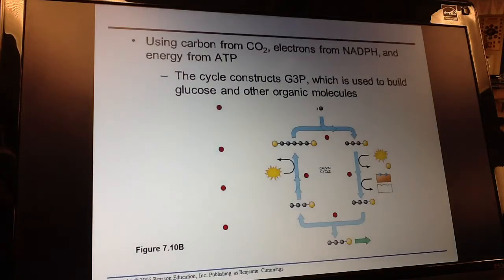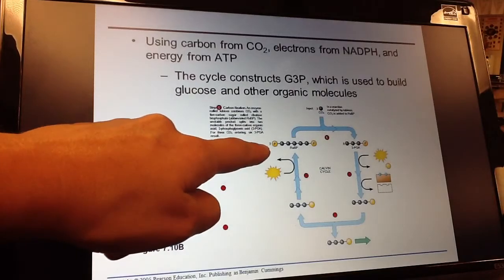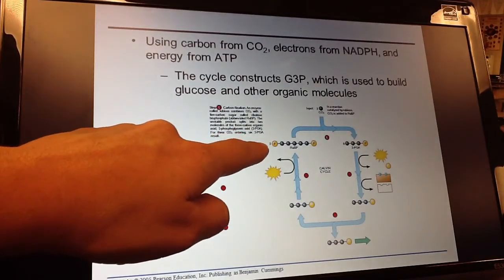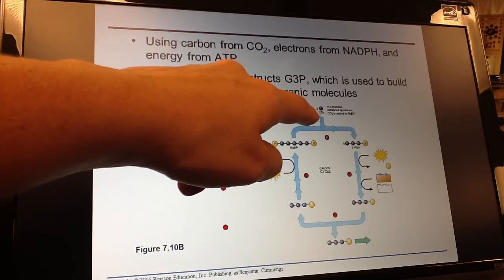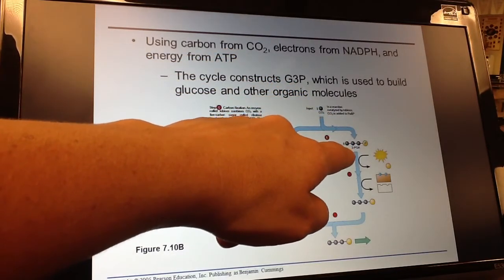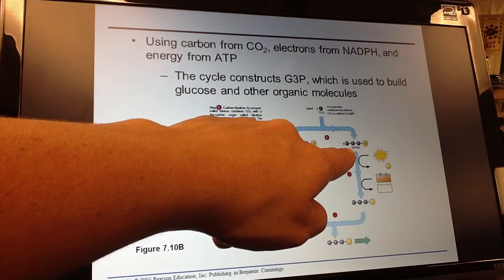Okay, so now let's talk about the Calvin cycle. The Calvin cycle is going to take a carbon from the carbon dioxide and fix it into a molecule. So if we look at the first part of the Calvin cycle, we begin with a molecule called RuBP. RuBP combines with the carbon from CO2, and in doing so, we generate two molecules of what are called 3-PGA.